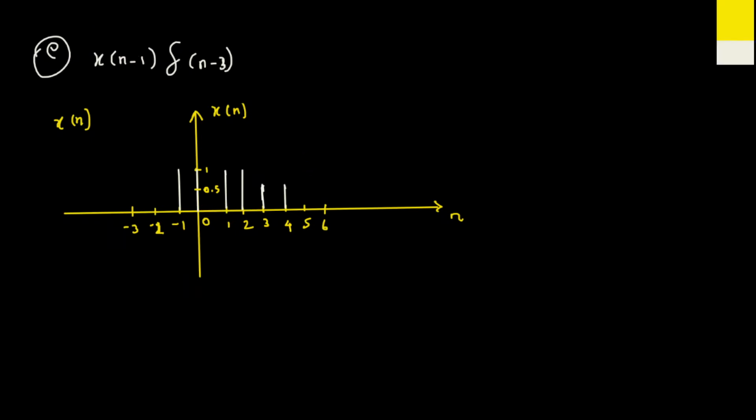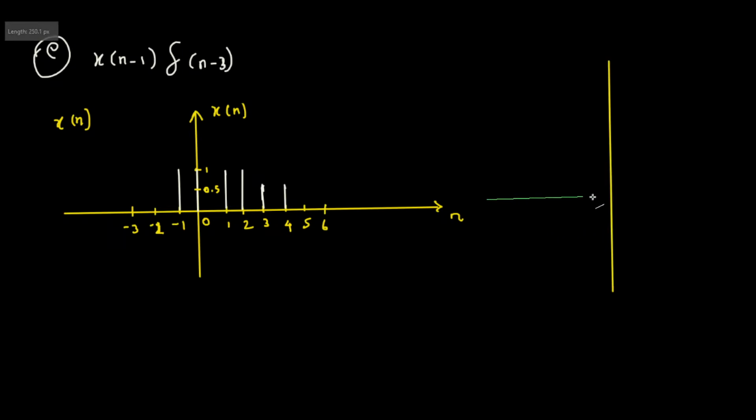So if we draw the graph, it's going to look like this. Here the heights we are interested in are 1 and 0.5. Let's put some points here: 0, 1, 2, 3, 4, 5, and -1, -2, -3. After we do the shifting, the initial point is going to be at 0.